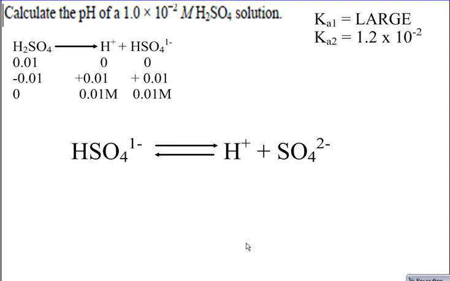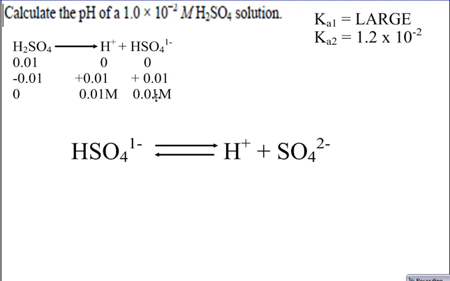In its second dissociation, the bisulfate ion is not as willing to give up another hydrogen, and therefore our Ka value is significantly less. Also, if we look, our concentration of the bisulfate ion is rather small, or rather dilute compared to this Ka value. So we aren't going to be able to ignore X like we normally would. So that means we have a quadratic problem or a quadratic formula in our future.